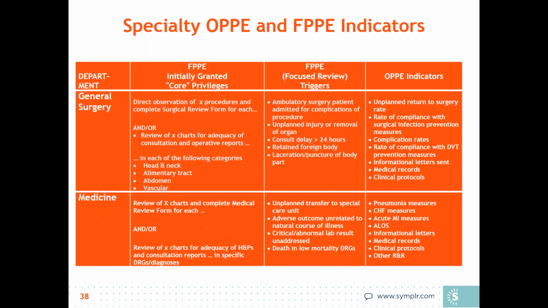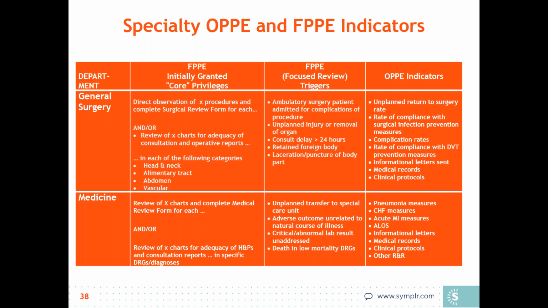We also have specialty indicators, and these are the types of things where the department selects what those indicators are going to be. So for example, for general surgery, a focused professional practice evaluation for core privileges might be looking at a certain number of procedures for each surgeon and filling out a surgical review form for each.